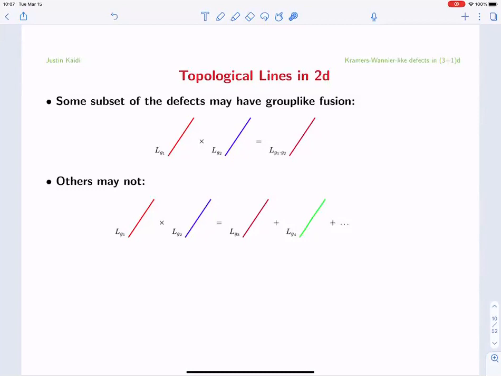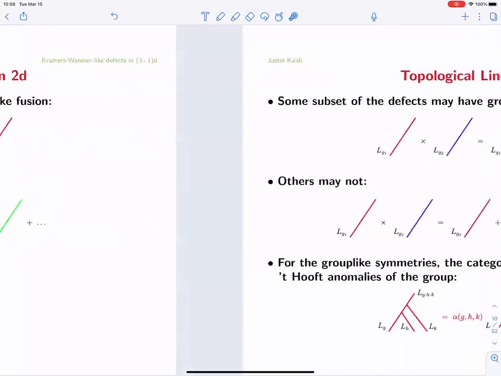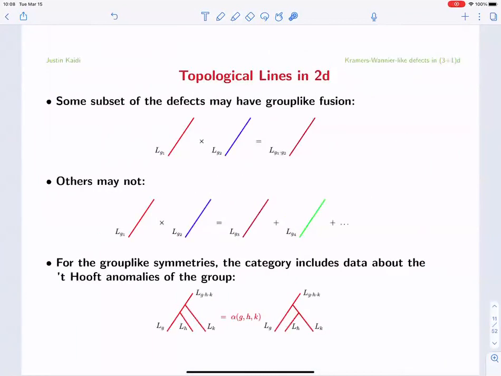But actually the category knows about more than just that data. And in order to explain this, it's useful to just focus on the group-like part for a second. So we know that associated to any global symmetry group, I can have some 't Hooft anomaly. And the category turns out to know about those 't Hooft anomalies. In this language that we're using right now, that is captured by a crossing diagram like this.